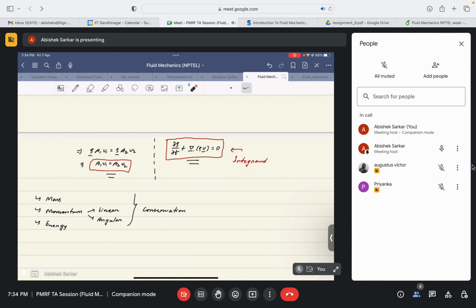These three laws cannot be wrong at all. So if you approach a problem with respect to these principles, you are going in the right path.